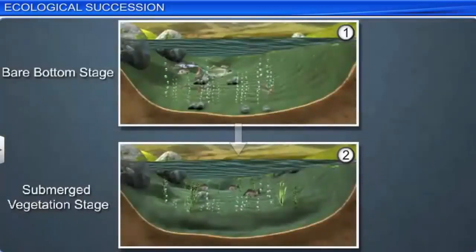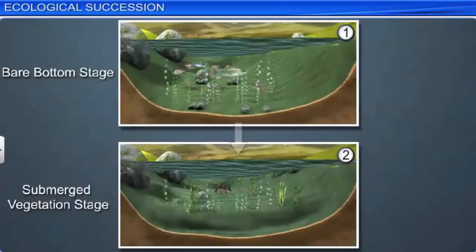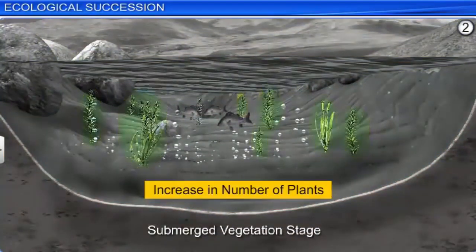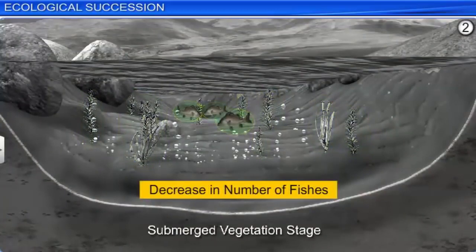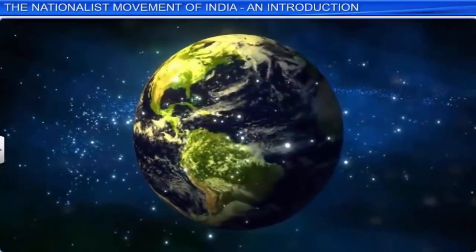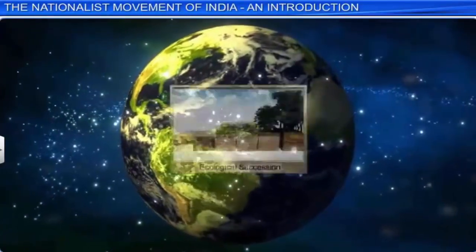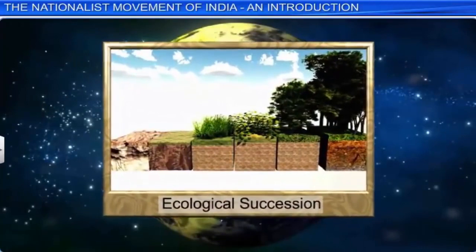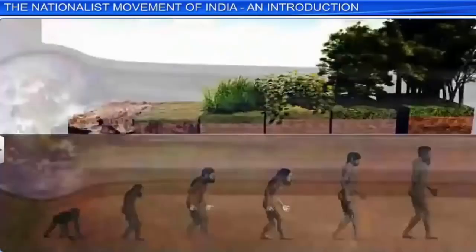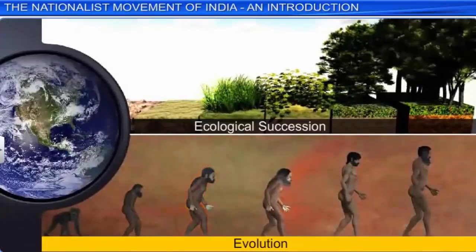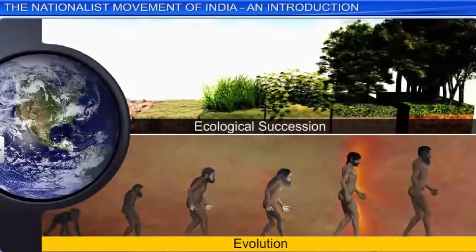During ecological succession, the population of certain species increases, while that of many others may decline or even disappear. In fact, present-day communities across the world are the result of ecological succession that took place over several million years. It is assumed that succession and evolution are parallel processes in operation since time immemorial.